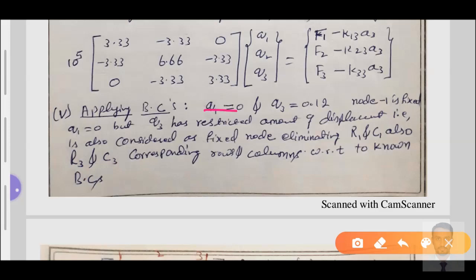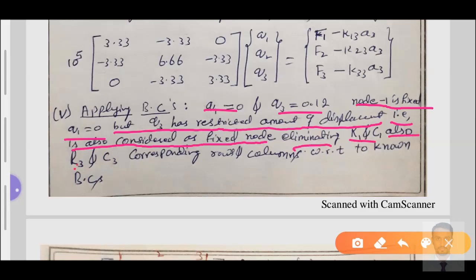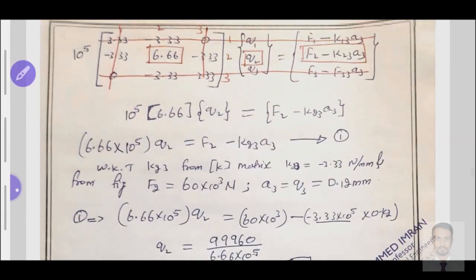Now Q1 equals 0 and Q3 equals 0.12. Node number 1 is fixed, Q1 equals 0, but Q3 has a restricted amount of displacement, which is also considered a fixed node. So we eliminate the first row and first column, and also the third row and third column, corresponding to the known boundary conditions of the given problem.